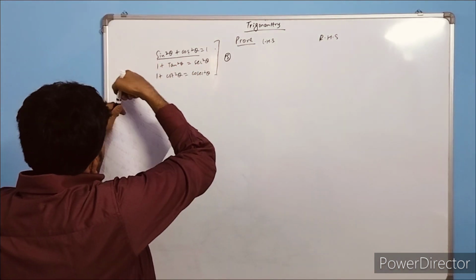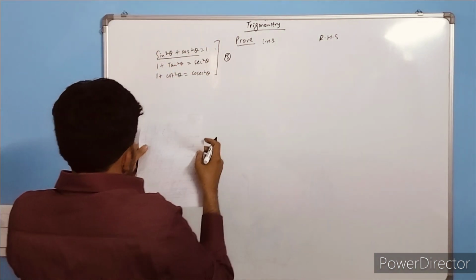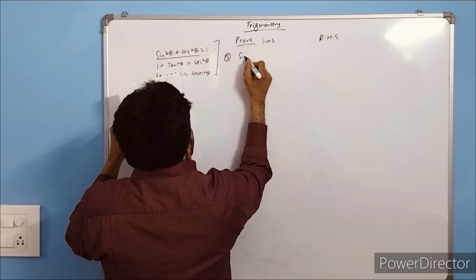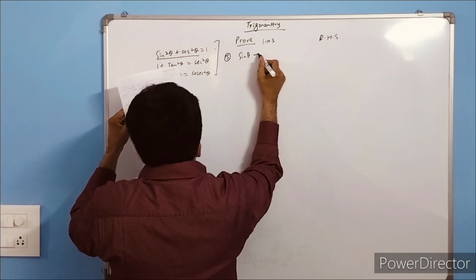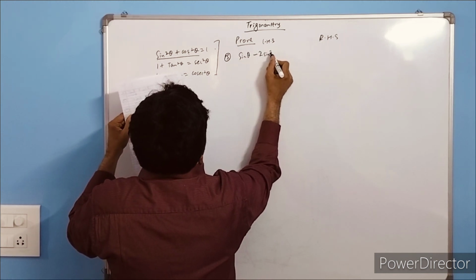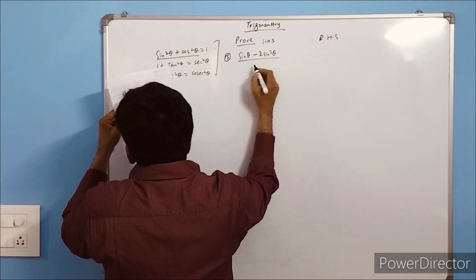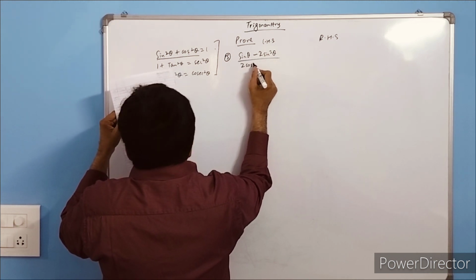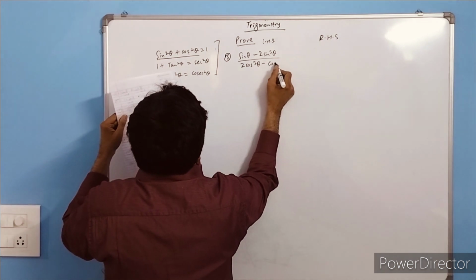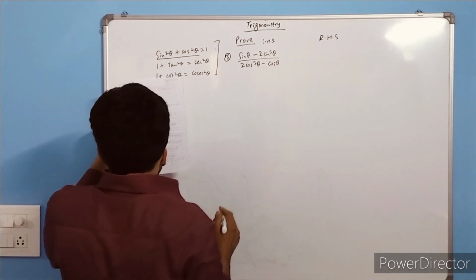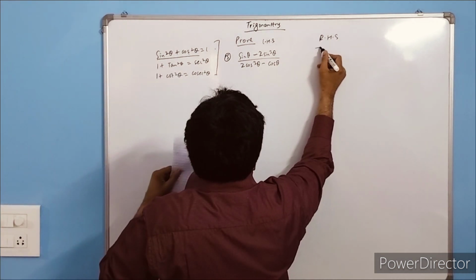In the 5th one, in LHS they have given sin theta minus 2 sin cube theta upon 2 cos cube theta minus cos theta, and on the RHS what they have given is tan theta.